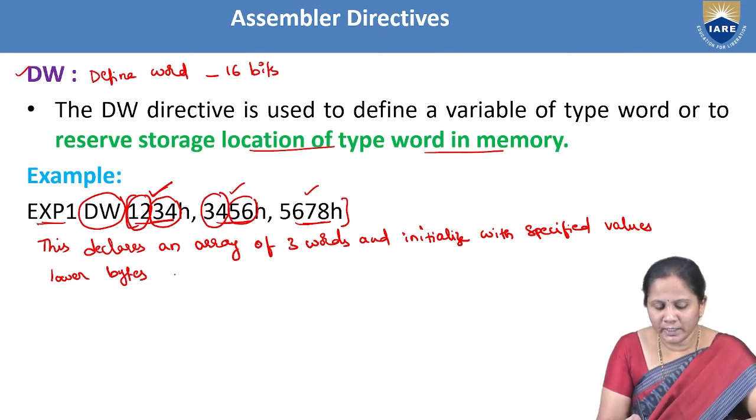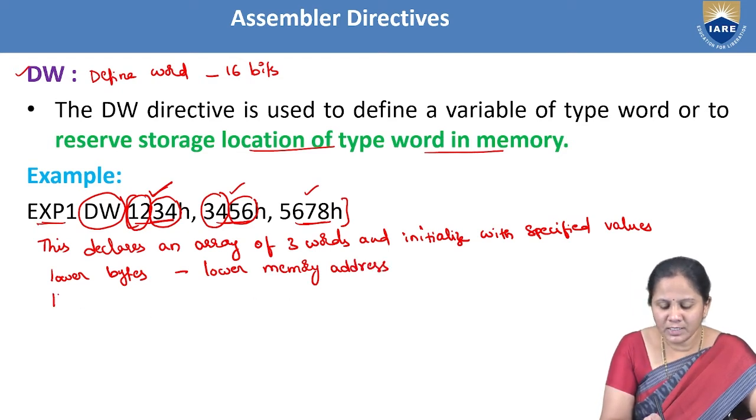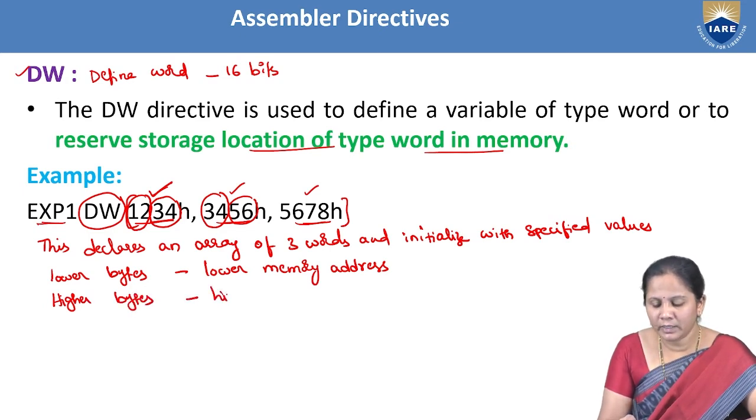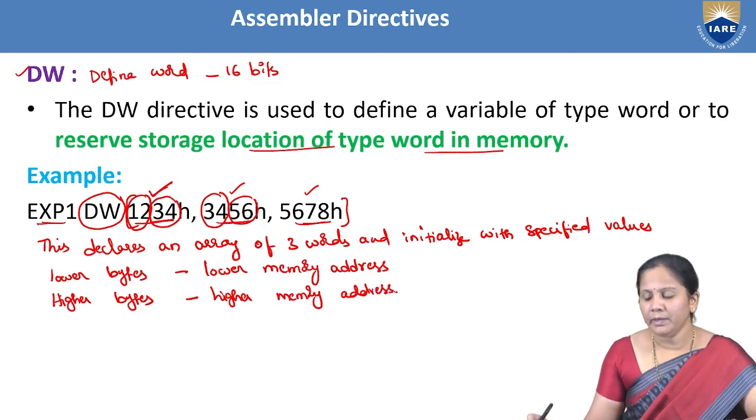Especially here, lower bytes will be stored in the lower memory address, whereas the higher bytes will be stored in the higher memory address.